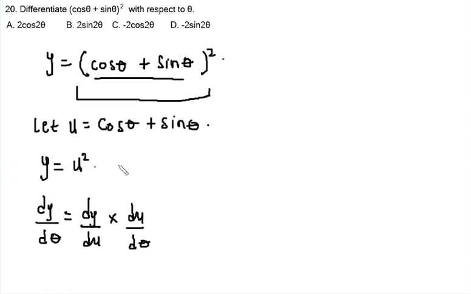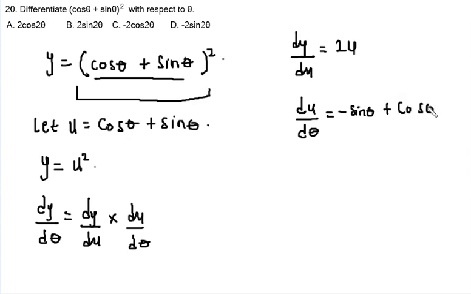So to first get this value, dy du is equal to 2u. And then du d theta: differentiating cos theta, we have minus sin theta. Differentiating sin theta, we have plus cos theta.